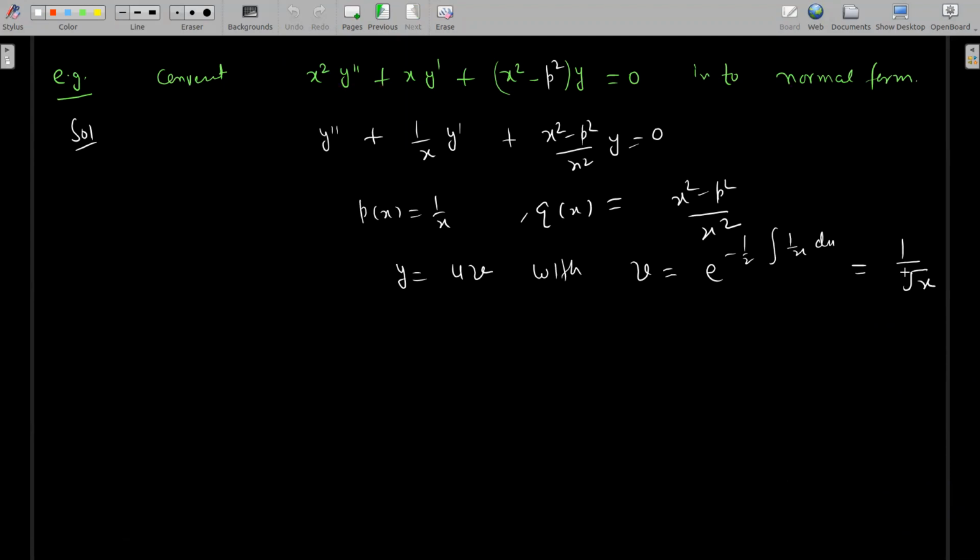Okay, try to complete it. And in the next class we will explore more properties of the solutions of equations. Any doubt in this?